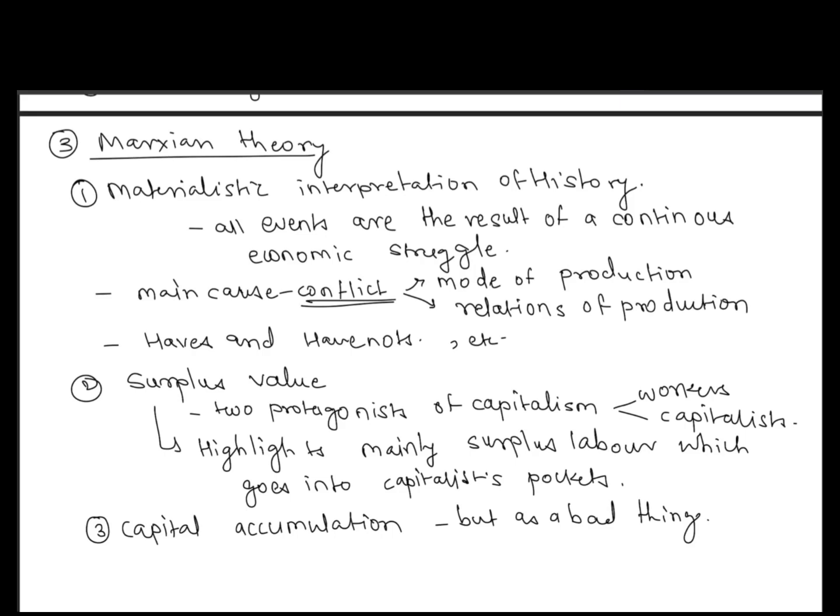So Marxian theory has three components. First, the materialistic interpretation of history, where all events are the result of continuous economic struggle, and the main cause of these struggles is the conflict between mode of production and relations of production.